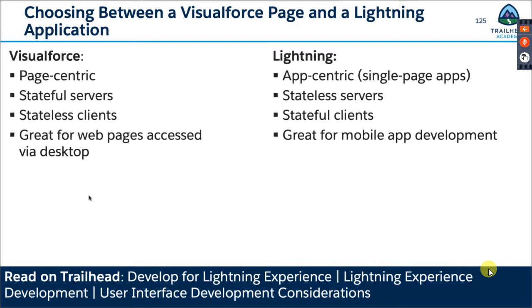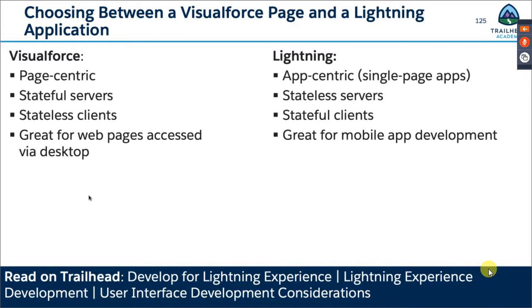All right, now the next thing is Lightning is what we call app-centric. It is an application where, by building different components, we assemble a full page, and we can easily swap components in and out of a page. That is what is called app-centric rather than page-centric. Now, the stateless servers and stateful clients is because all the logic has moved down to the client.